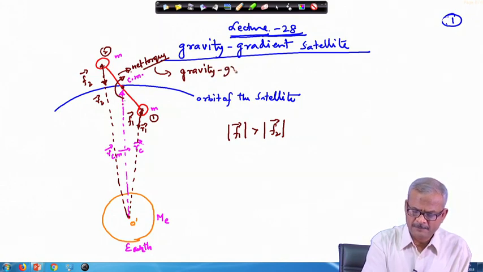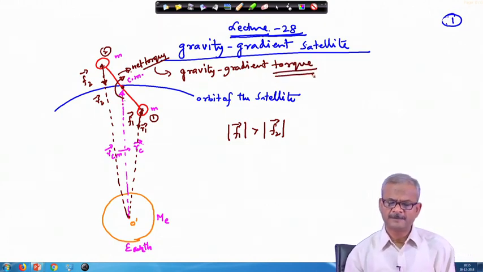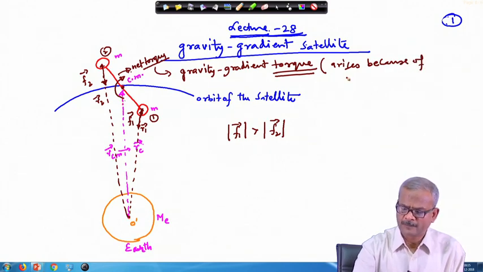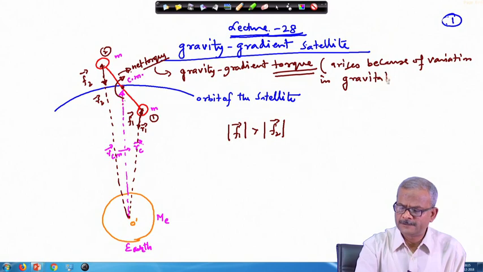Gravity gradient torque means this torque arises because of variation in the gravitational acceleration.